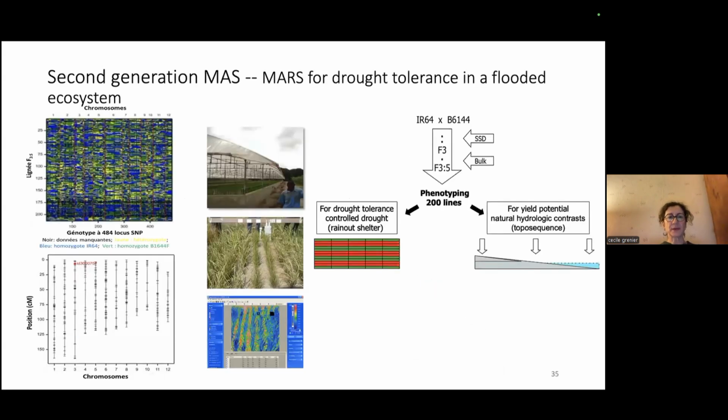I may skip this one. The marker-assisted recurrent selection, so we have a few examples. For example, for drought tolerance. So this is an experiment where there was a cross between two parents and then development of progenies. Those progenies were evaluated in different conditions because the objective was to target drought tolerance, but also yield potential under different hydrological conditions.